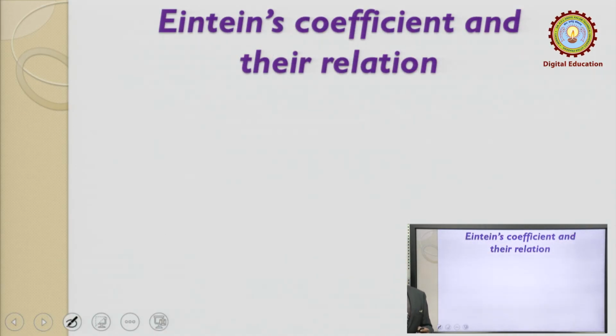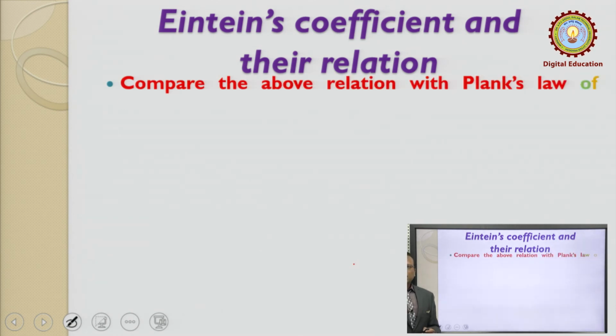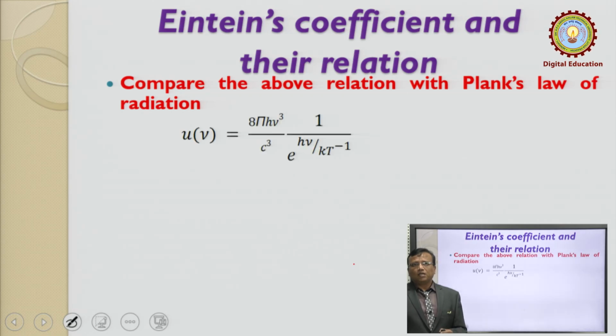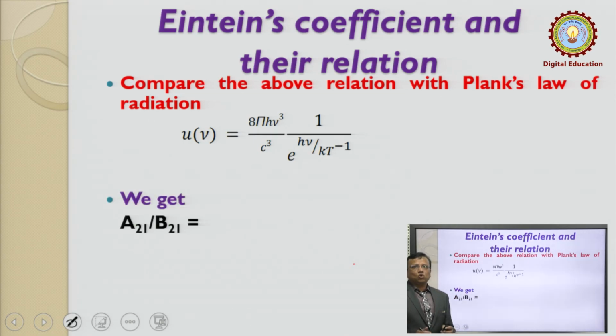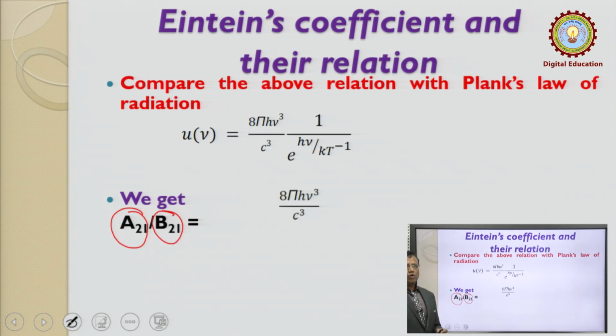So we get the relation, but we have to find out the ratio of spontaneous emission and stimulated emission coefficients. So by comparing this relation with Planck's law of radiation, which is given by u nu is equal to 8 pi h nu cube upon c cube times 1 upon e raised to the power h nu upon kT minus 1, we get the ratio of the Einstein coefficients of spontaneous emission to stimulated emission, A21 upon B21, which is equal to 8 pi h nu cube upon c cube.